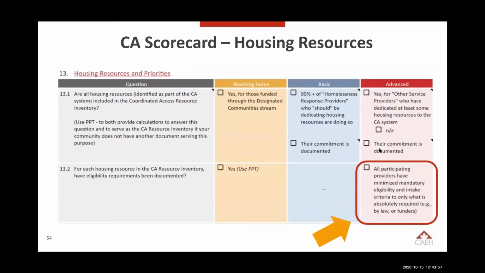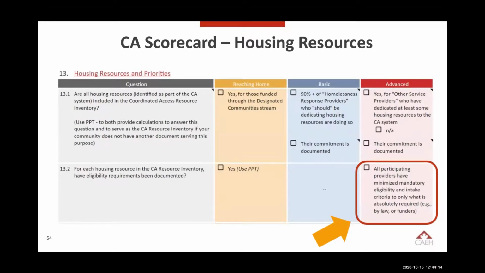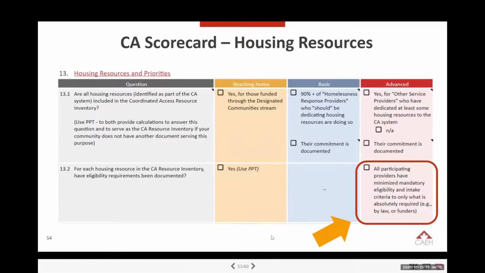And we see this in the coordinated access scorecard as well. In question 13.2, the advanced element is having all participating providers minimize mandatory eligibility and intake criteria to only what is absolutely required, for example, by law or by funders. Again, we can accelerate progress for folks into housing and end their homelessness as quickly as possible.